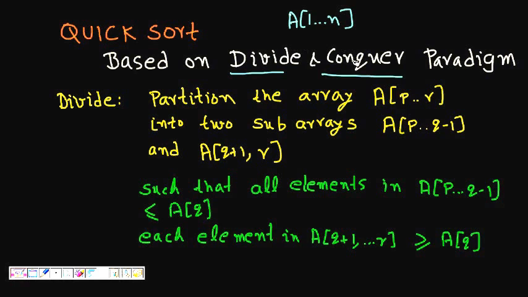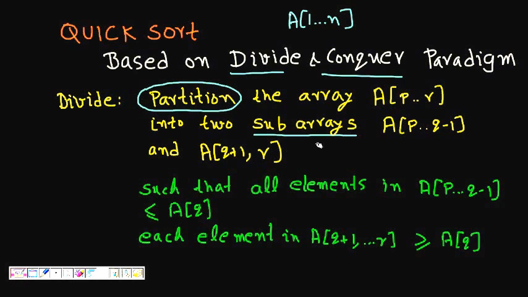So what is the divide part? We partition the array A[p to r], which means the array whose starting index is p and last index is r. We divide this array into two sub arrays, one is A[p to q minus 1] and another is A[q plus 1 to r].